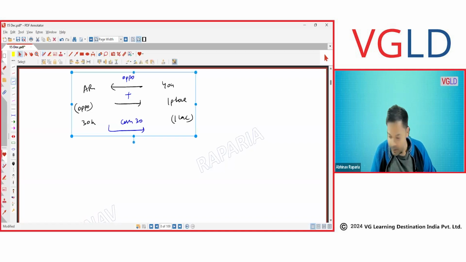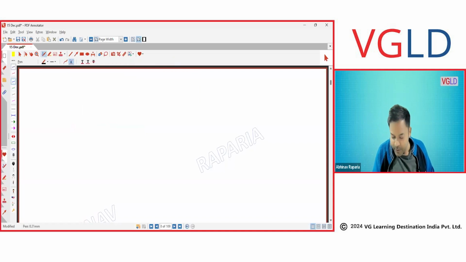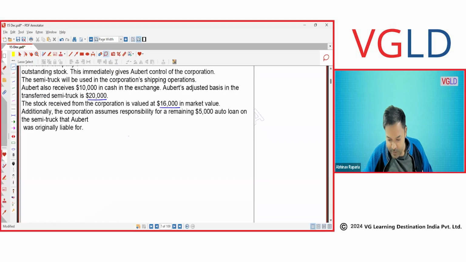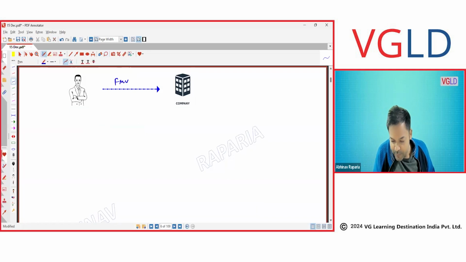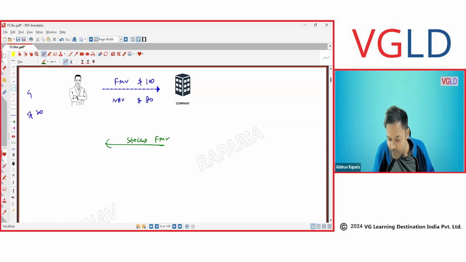I told you, same example I gave you here, that when the shareholder gives an asset, you calculate that fair market value is 100 and net book value is, let's say, 80. So my gain is 20, right? Now what you are going to receive is stock, let's say with fair market value 60. How much more do you need?